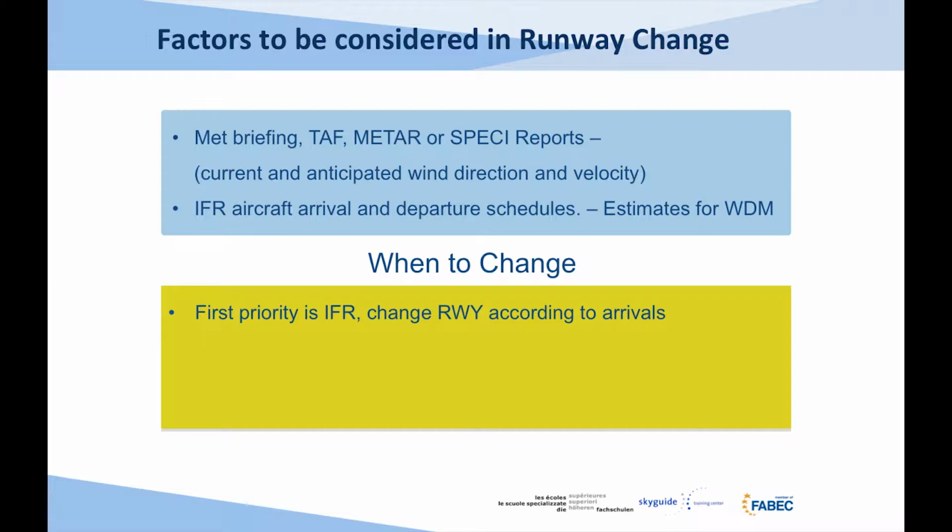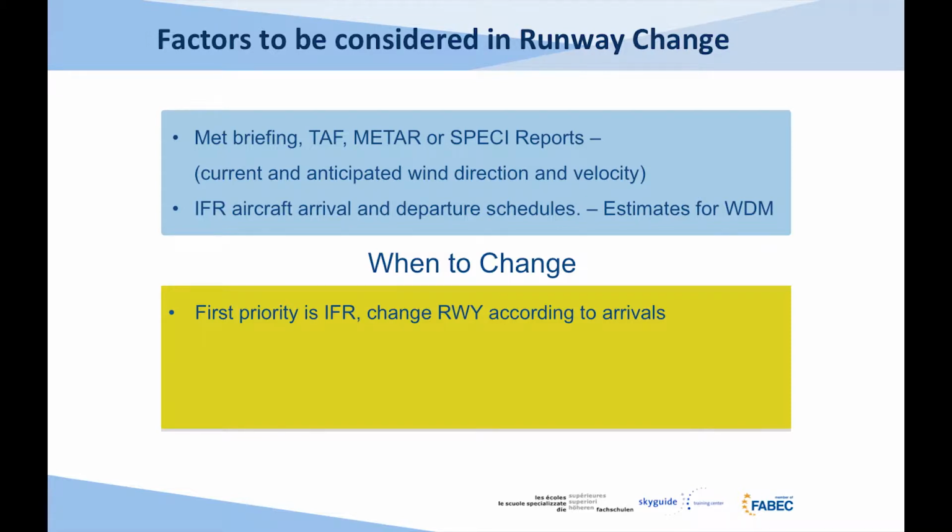As soon as the wind is changing, look for gaps in your IFR arrival sequence where you can fit in a runway change. You will notice that the wind won't change 180 degrees from one second to another. It will turn into a crosswind and then finally into a tailwind. The following values are important for you to consider for your runway change.